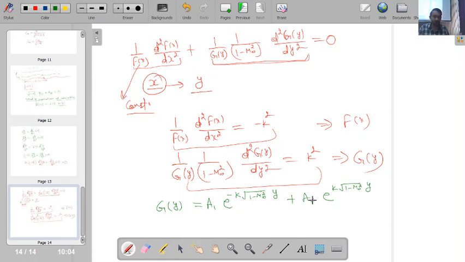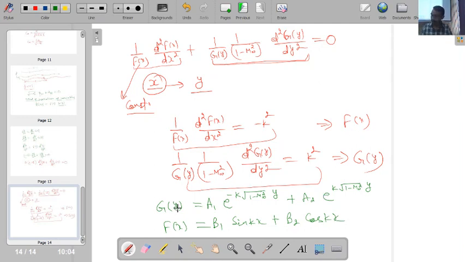So a1 and a2 are actually constants of integration. Similarly, f of x will be, say, b1 into sin kx plus b2 into cos kx. If you solve these two equations, these are the solutions.